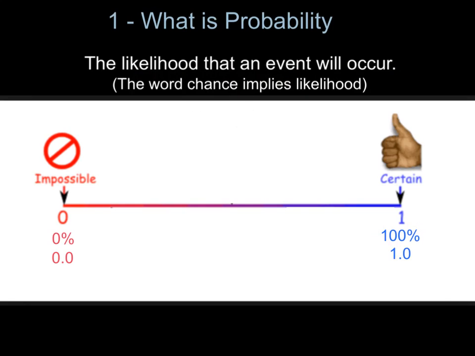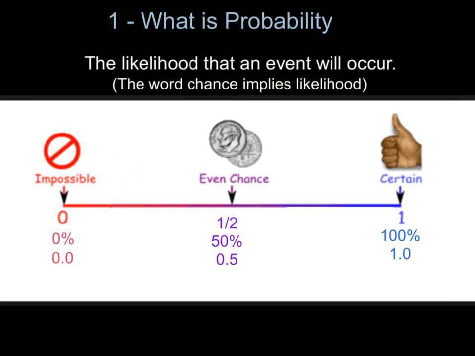Now, if something is not necessarily for certain and not necessarily impossible, that's right in the middle here, and we call that having an even chance. So, of course, I can either have heads or tails, and that's even, and we would numerically say that is a 1/2 chance, a 50% chance, or a 0.5 chance of happening.